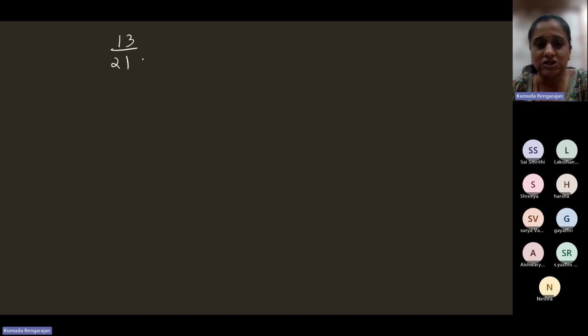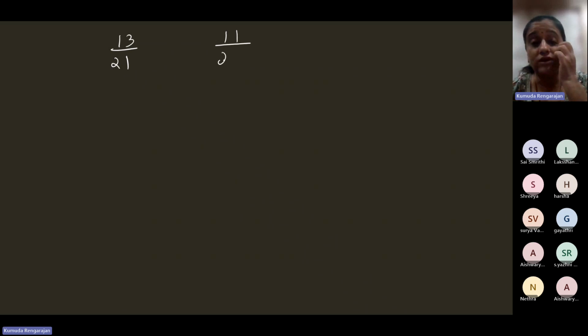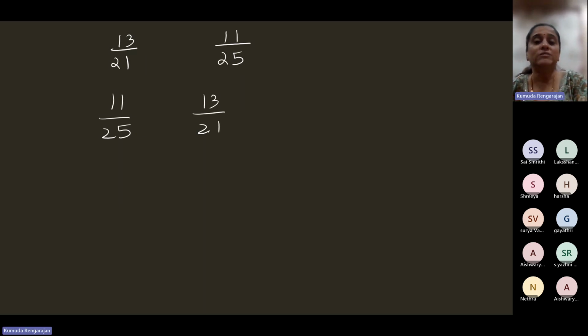Now take 11 by 25, also a rational number. There is a difference between these two rational numbers in terms of their decimal expansion.